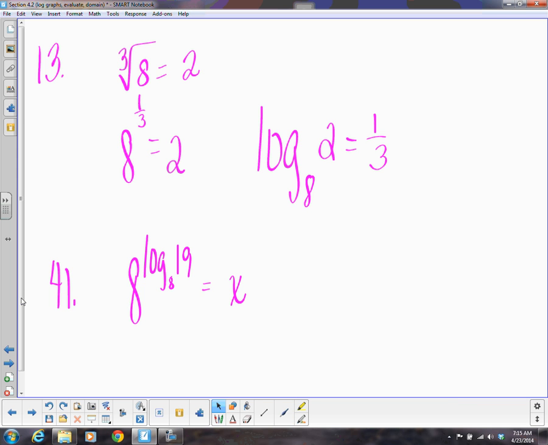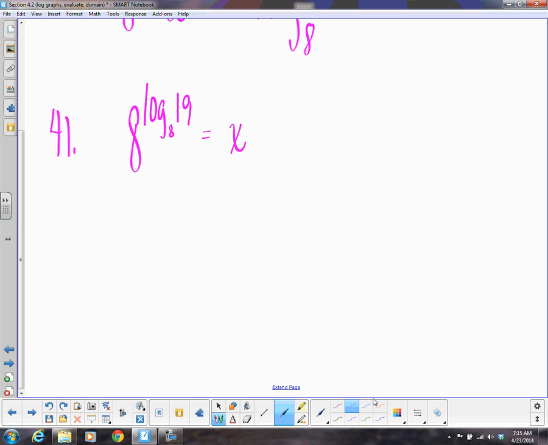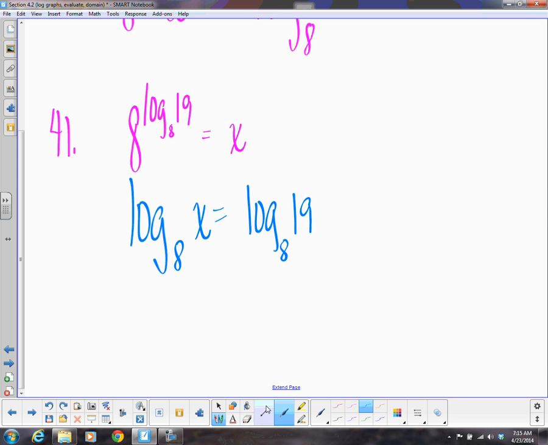All right, so if I were to put this in logarithmic form, it would be log, what's the base? And 8x is not the base. 8. What's the answer? What's the exponent? Log base 8 of 19. So is the log base 8 the same?